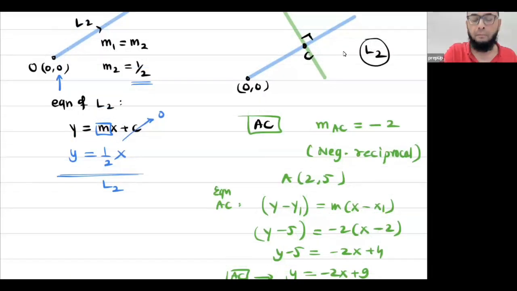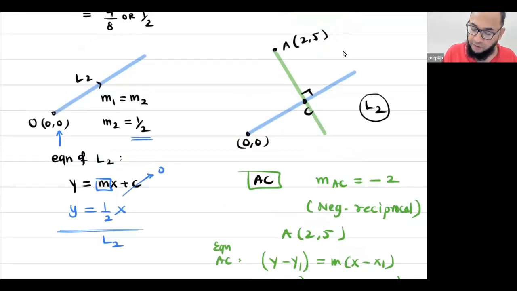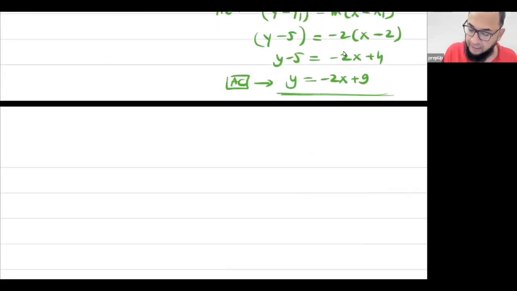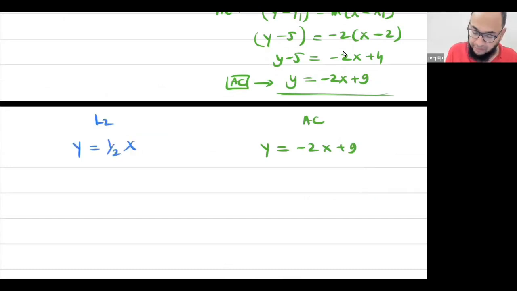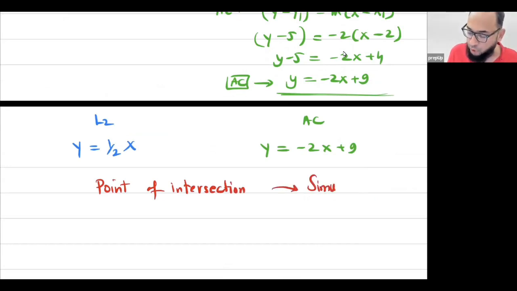Now, in order to find the point of intersection between AC and this line, we have to solve simultaneously. So let me write this. Y equals -2x plus 9, that is the equation of AC. The blue line is y equals half x. The point of intersection can be found by solving the two equations simultaneously.